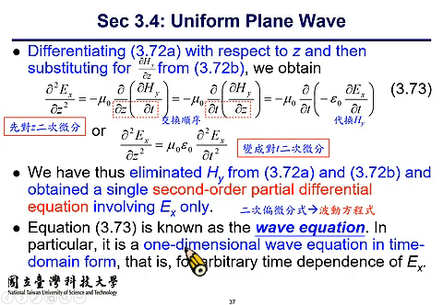On the right-hand side, you first perform the time derivative for Hy, then perform the spatial derivative with respect to the z direction on the result. And if you interchange the differentiation order, you will have something like this.